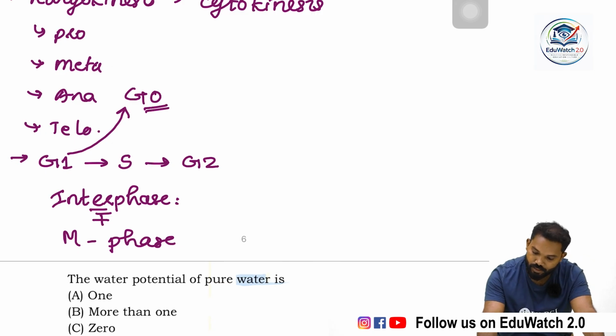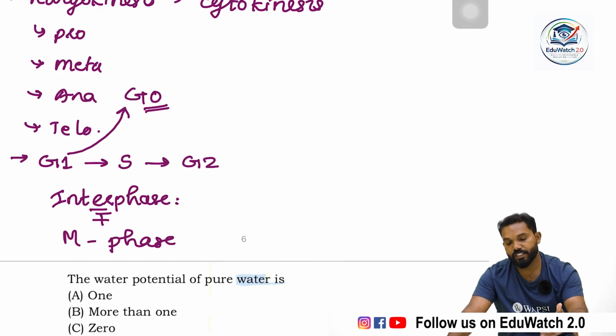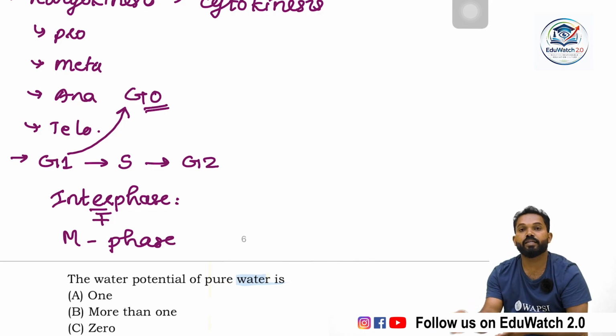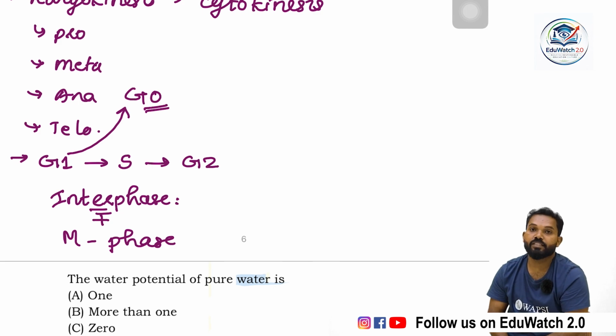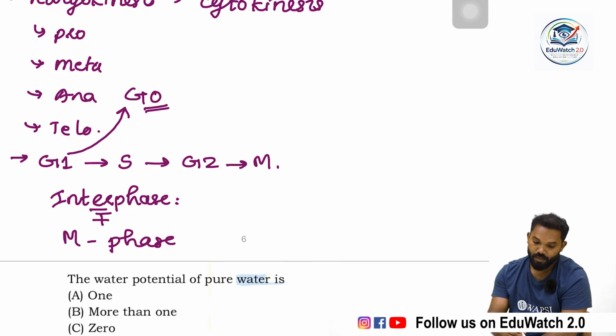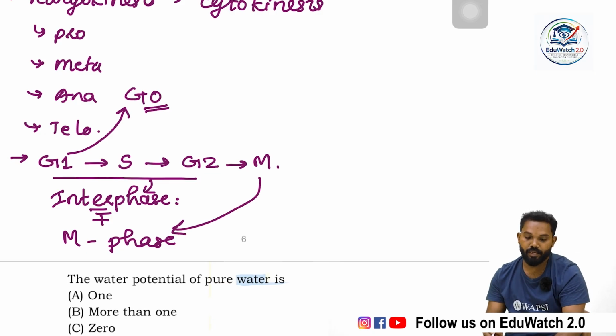They permanently or temporarily lose the divisional capacity, though metabolic activity continues, and they enter a resting stage known as G0 or quiescent stage. So G1, S, G2 and M are the stages of the cell cycle. These 3 stages are known as interphase, and the next stage is M phase.